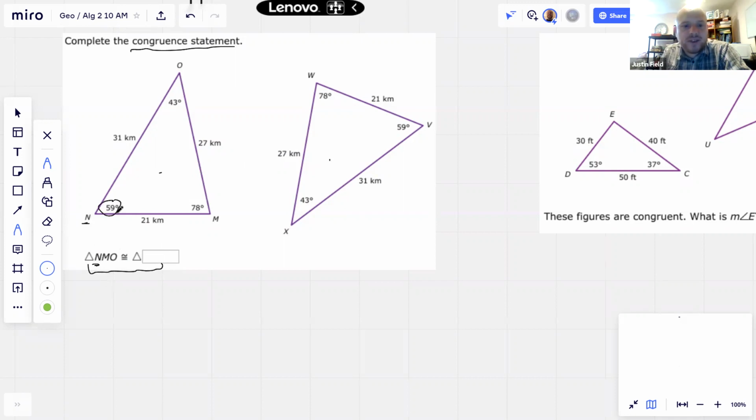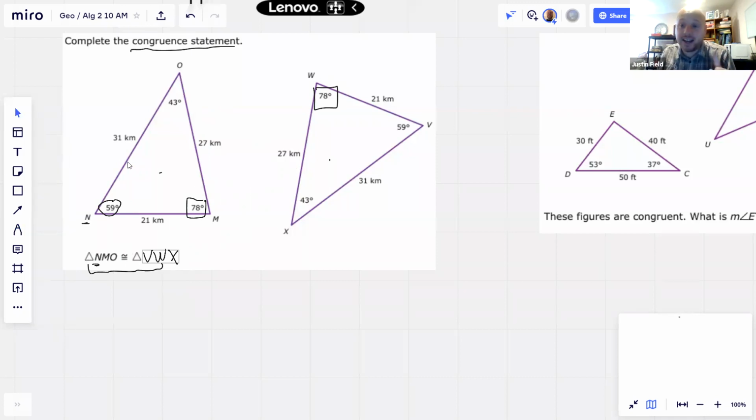Well, N is 59 degrees, and so is V. So we want to put V as the first letter in our other triangle name. M is 78 degrees, and so is W. So we want to put W next. Then 43s for X and O. Corresponding angles in corresponding positions.